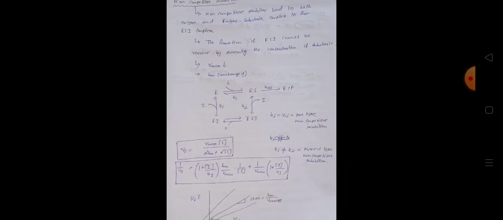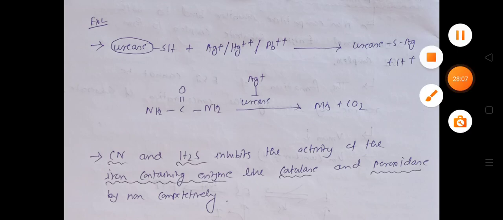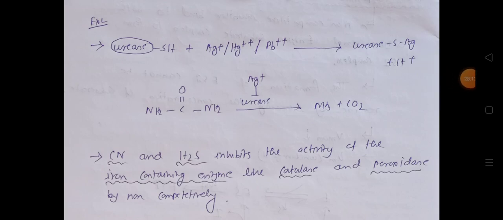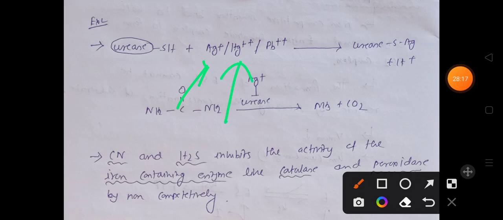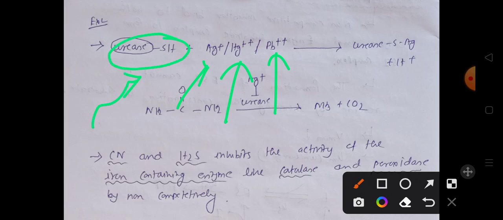As examples, various types of metals play the role of non-competitive inhibitors. For example, Ag+, Hg2+, Pb2+ act as non-competitive inhibitors for enzymes having an SH group in their active site, for example urease.